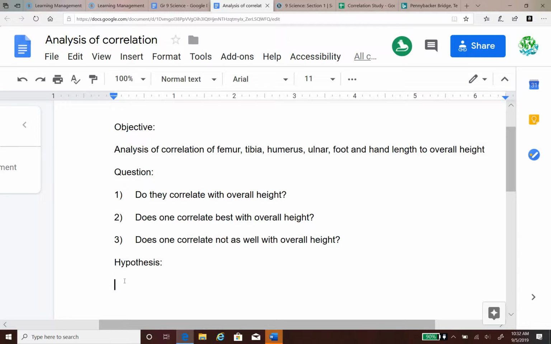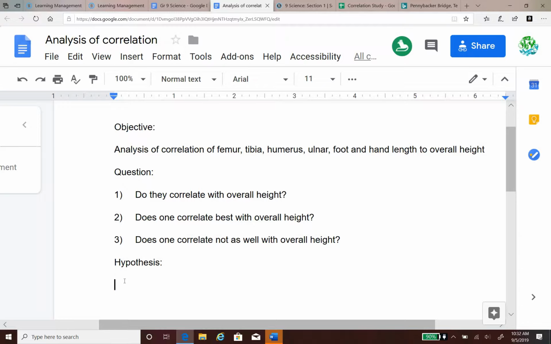These things, right? So I'm just going to copy that, put it right here, paste it, and make that the same size. Okay. So let's say we compare these things to overall height.